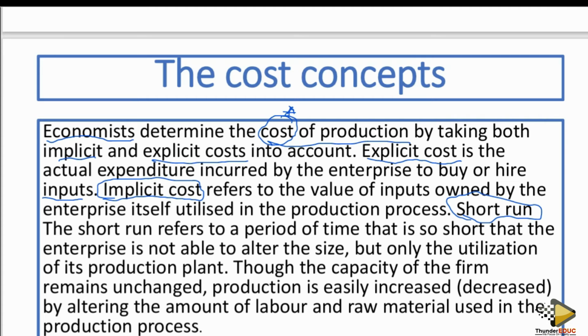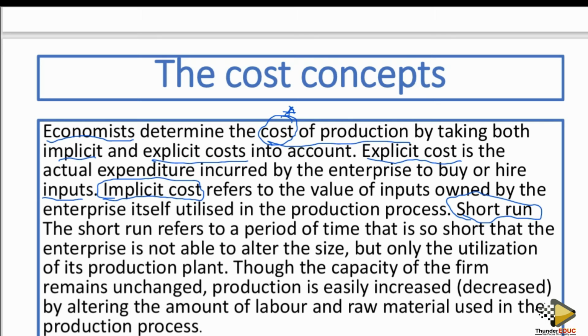So let's check what the short run is. Short run is a period where one of the vectors of production is fixed.